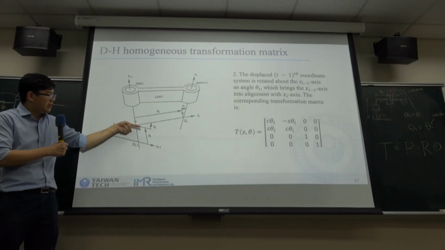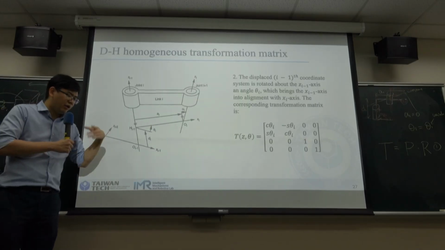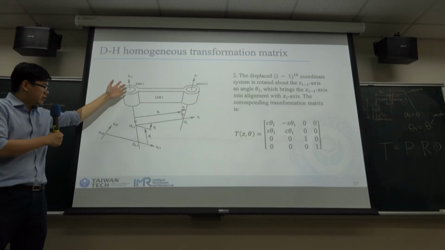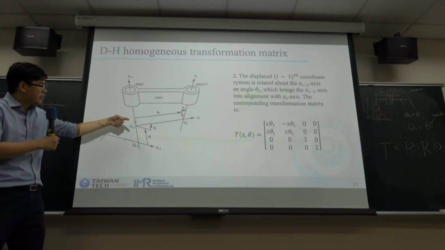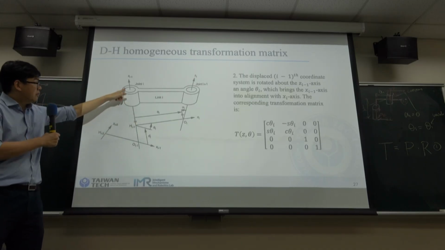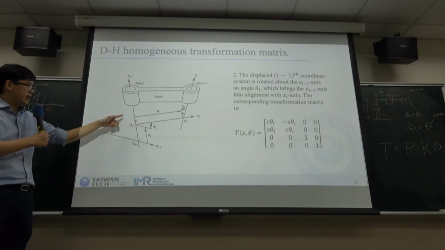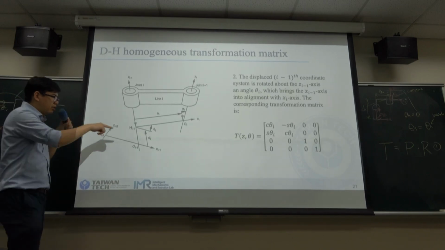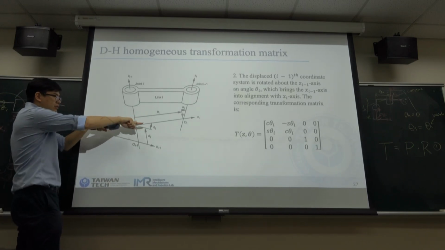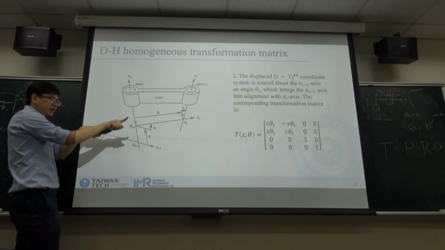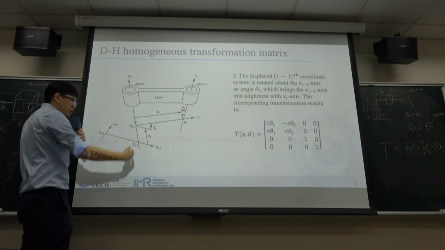So this is theta. And it's also the geometric form, meaning it's also the joint rotation of this joint. Because these are two links, and it rotates about this joint axis. So it's also the joint angle.